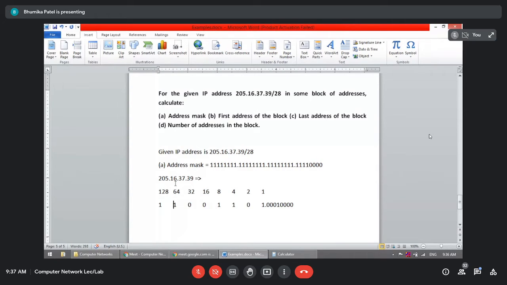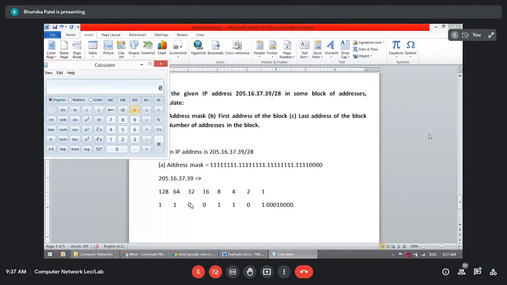Then for the 37 you can do the same. Check for the 128. 37 is not greater than 128, so put 0. It is not even greater than 64, again it is 0. For the 32 we can put 1 because 37 is greater than 32. So it will leave 5.